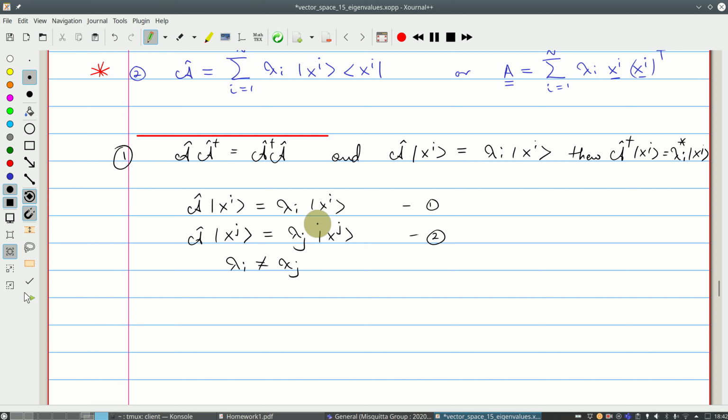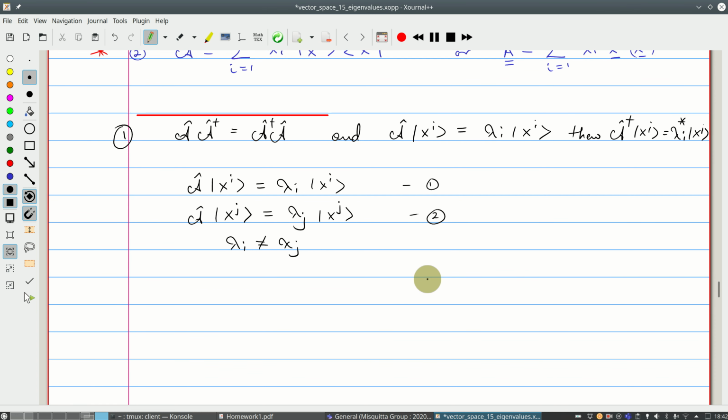Okay, so let's take one of these equations and do the same kinds of operations we did when we showed this result for Hermitian operators, and let's see what we get. So take 1, we take the adjoint of 1. Remember what the adjoint does, it converts the kets into bras and changes the order.